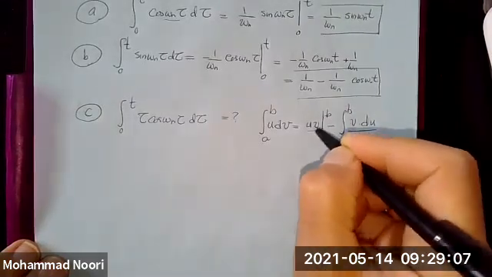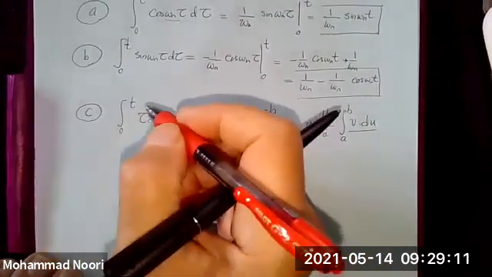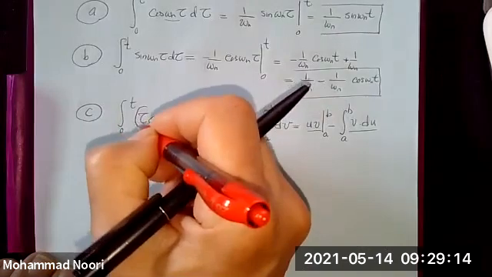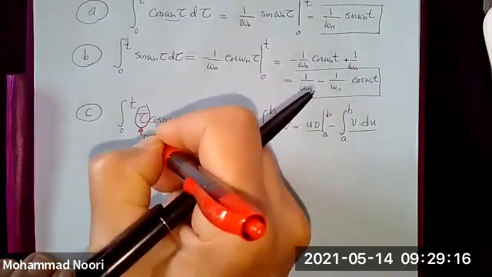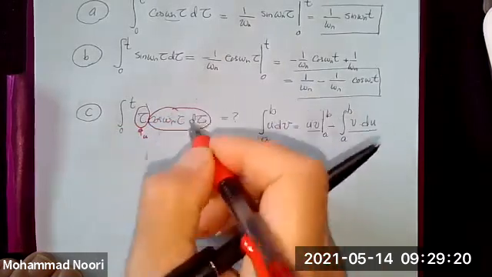The trick is which one to choose as u, which one to choose as dv. We consider this as u, this as dv.